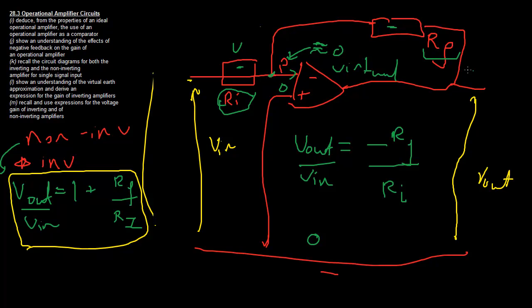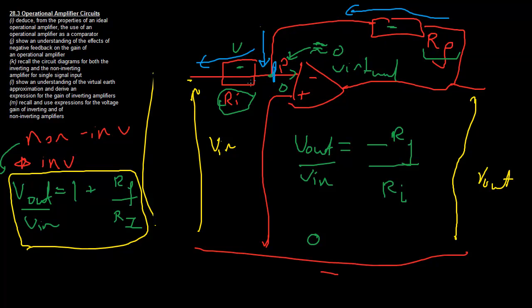As a current flows around here, if you think of a current going backwards, it's a little bit hard to conceptualize, but think of an electron going backwards. When it comes to this intersection down here, none of the electrons go right. None of them go into the inverting input because it has infinite impedance. So this is like a wall, and all the electrons go that way. Therefore, all the current goes through RF.